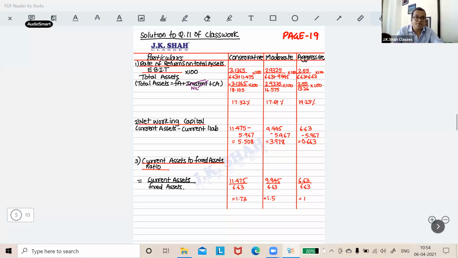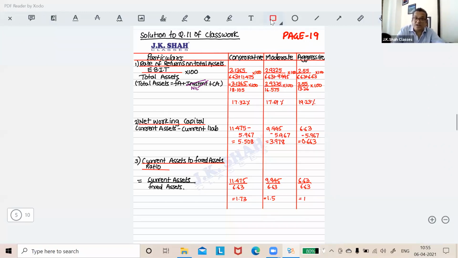Write point B. Under aggressive policy, net working capital is maintained at lowest.